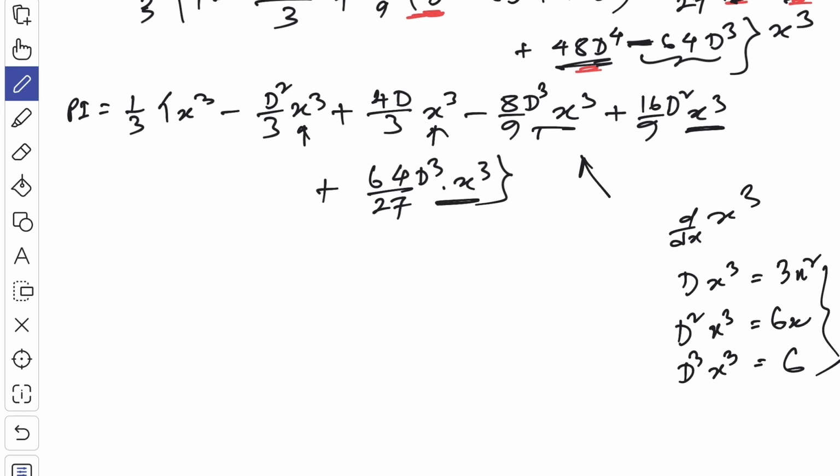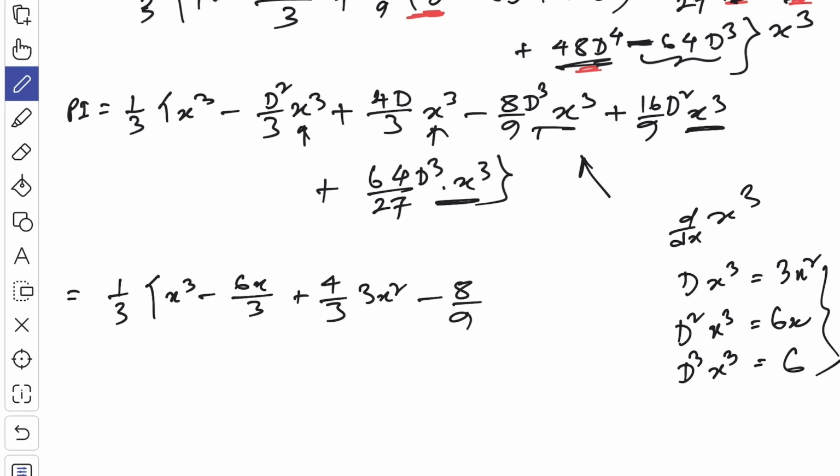Okay, so then we will get 1 by 3 x cube minus 6x by 3, then plus 4 by 3 3x square, then minus 8 by 9. Here d cube, so we are going to operate it 3 times, and operating it 3 times we will get 6, isn't it? So here we have got only 6 plus 16 by 9, so 16 by 9.